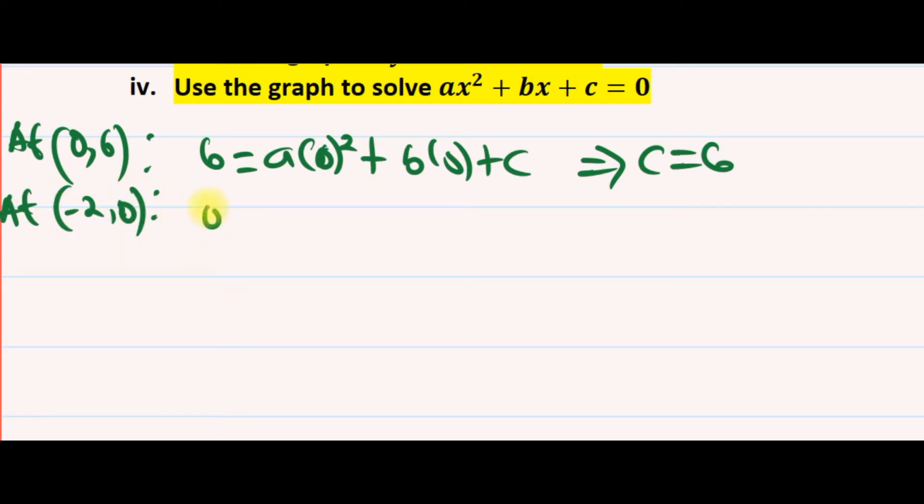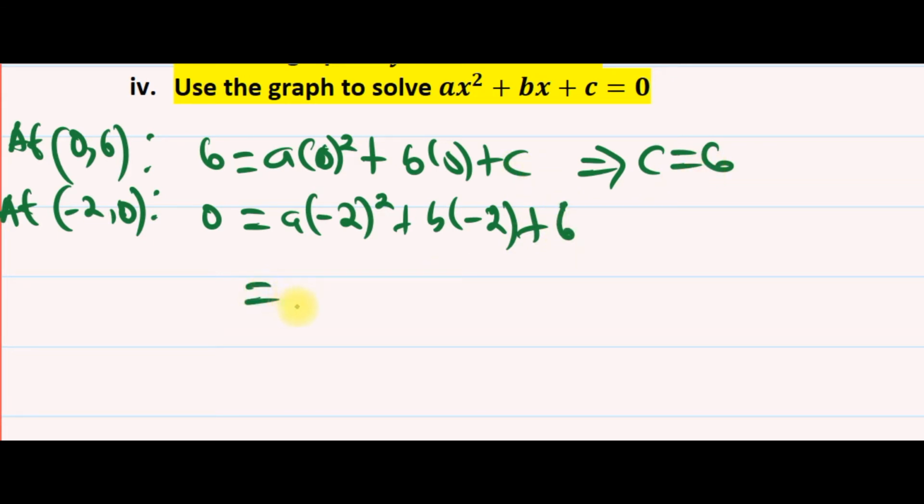Remember, y is 0 and x is minus 2. Plus c, remember, our c is 6. Have you seen why I started with the y-intercept? So 0 equals 4a minus 2b plus 6.